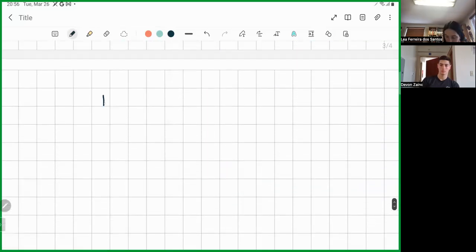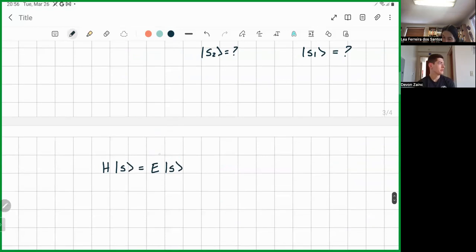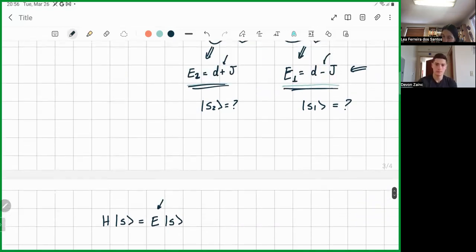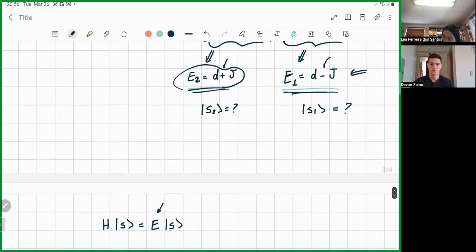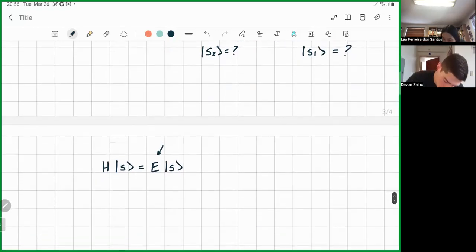What is our equation? Hamiltonian acting on a state. The state doesn't change. We just get a number in front of it. I know what these numbers are. It is either this one or that one.